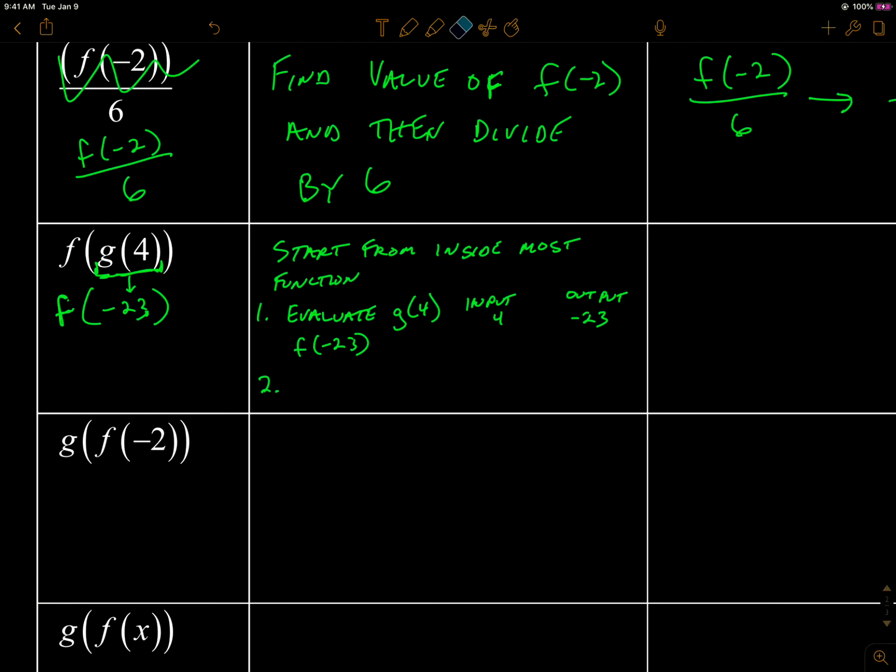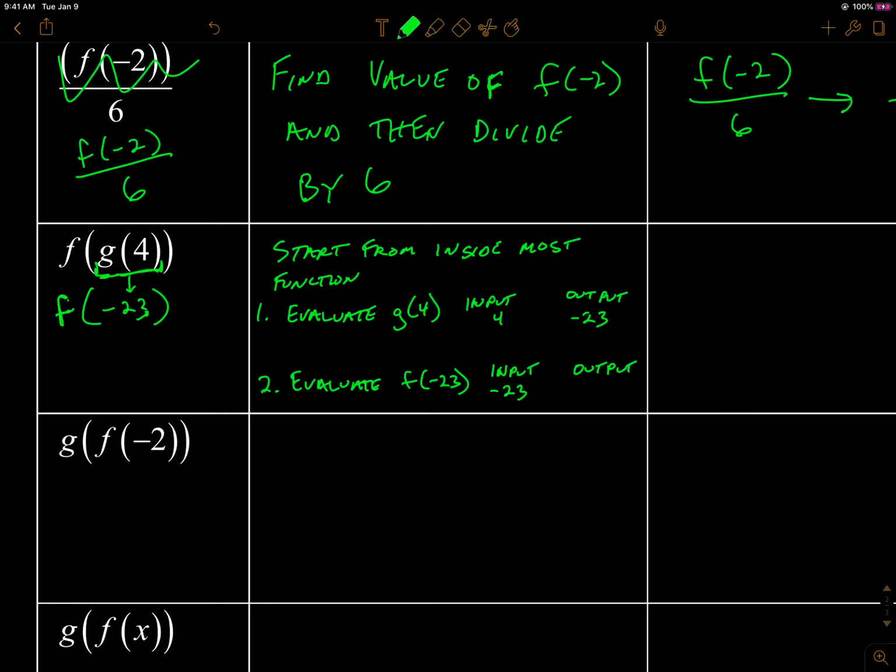So I was saying that now we're going to evaluate f of negative 23. The input for this next function is now negative 23, and let's see what our output is.